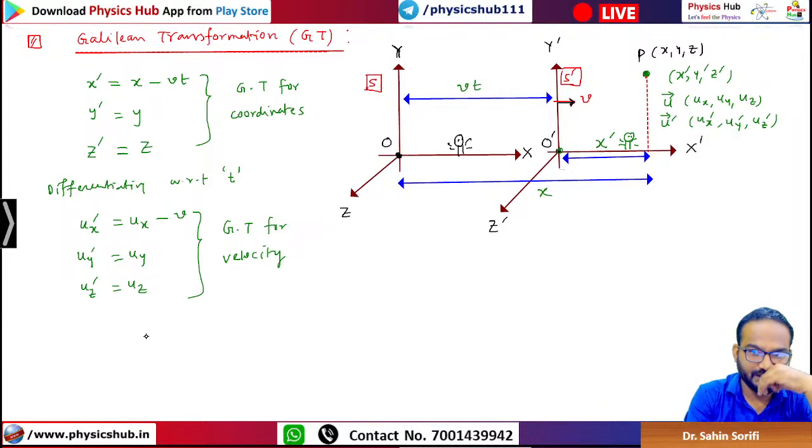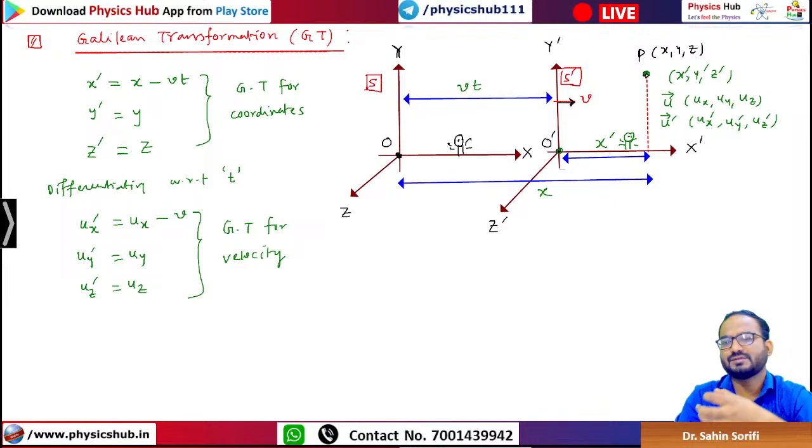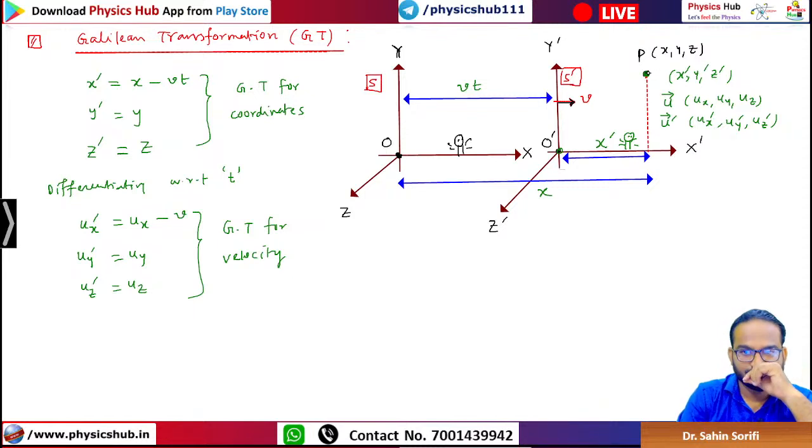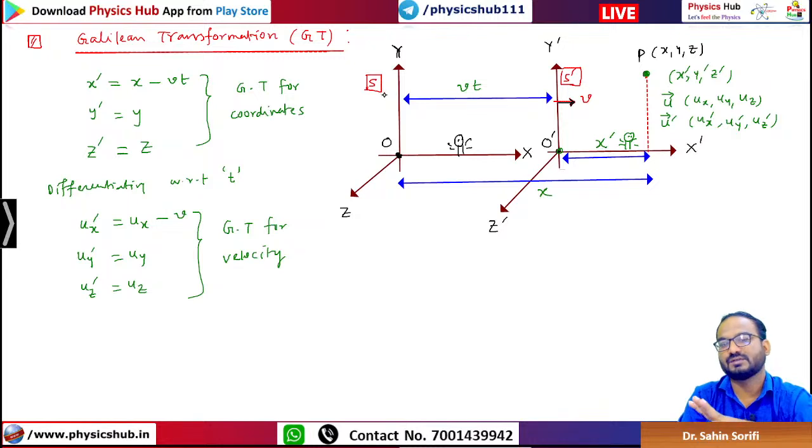Now this point P may be anything, whatever you are observing. It may be a bee, a car, a bike, or anything which you are observing. You can imagine it in this way, although it is sounding absurd. Maybe you are standing on the ground, observing from the ground, so you are at S. Now your friend is moving on a bike with constant speed, and he is also watching the bee with you.